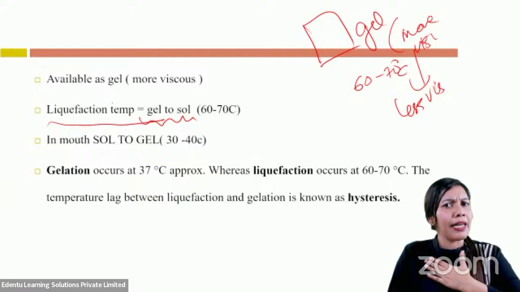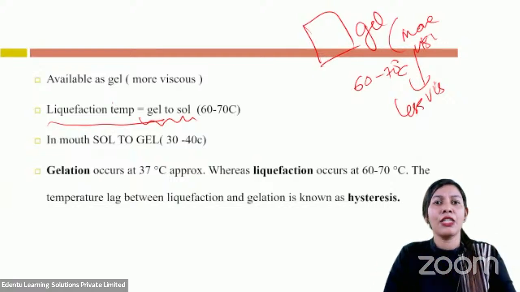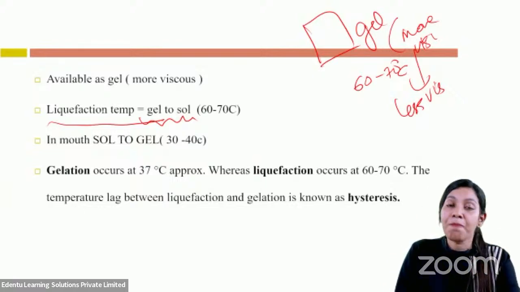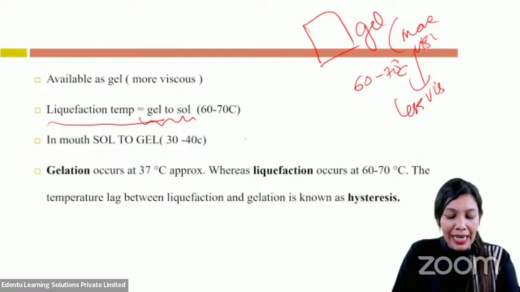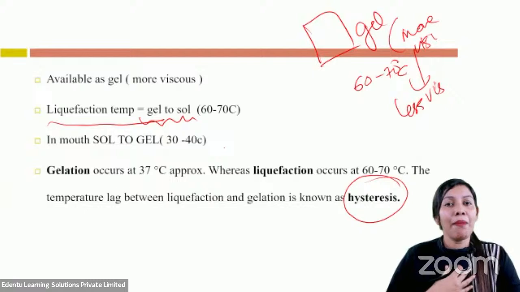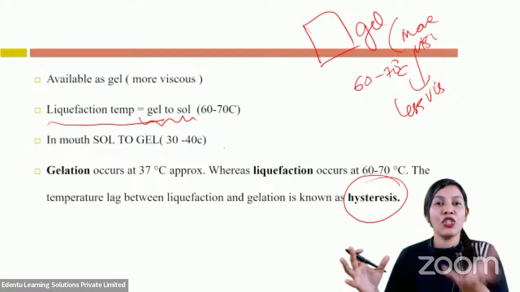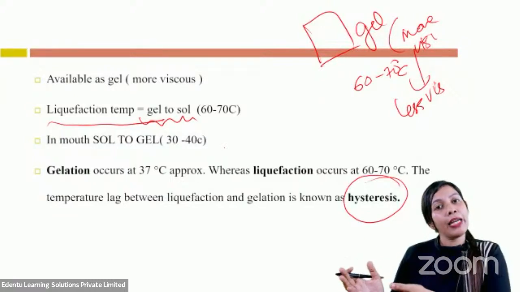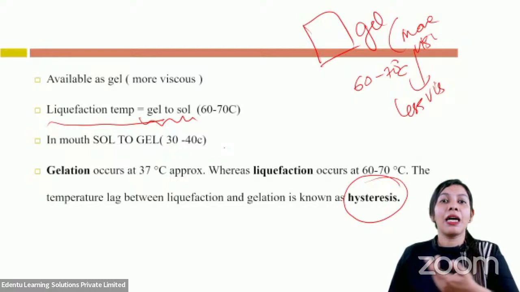So you might be thinking, if we reduce the temperature by 60 to 70 degrees again, it moves back to a gel state. No. There is something called hysteresis. We might think that since it took 60 to 70 degrees Celsius to become a liquid, coming back to that temperature would make it a gel.